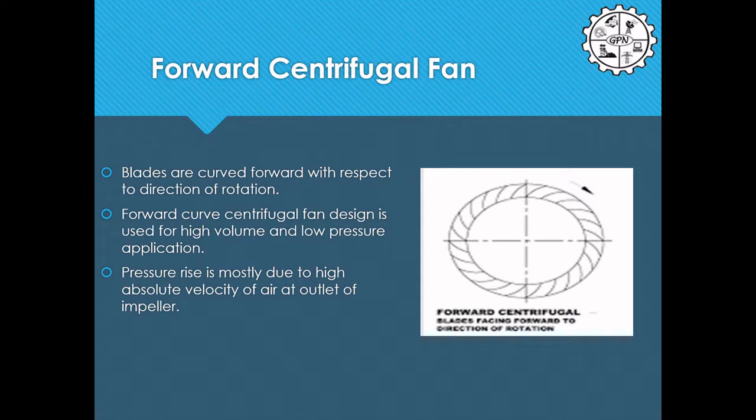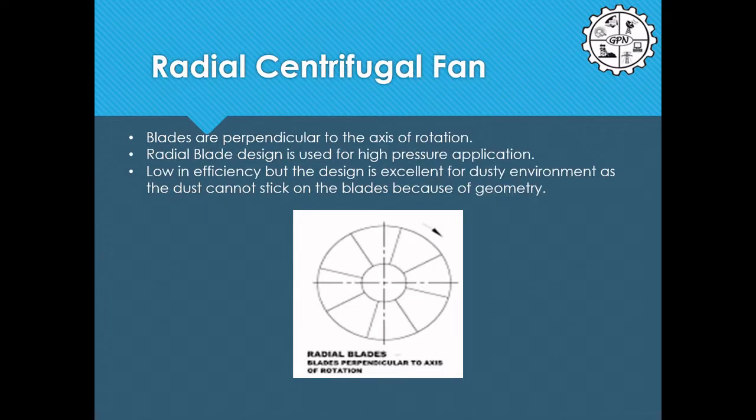Pressure rise is mostly due to high absolute velocity of air at outlet of impeller. In radial bladed fans, blades are perpendicular to the axis of rotation. These are used for high pressure applications.